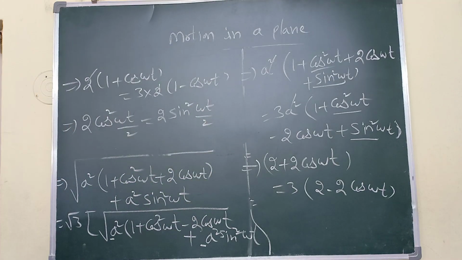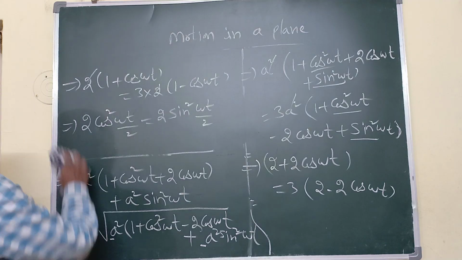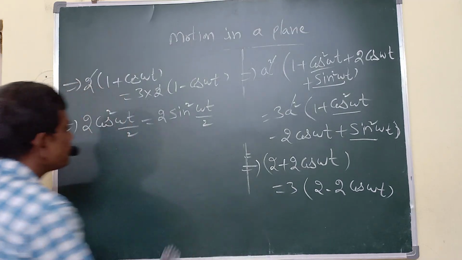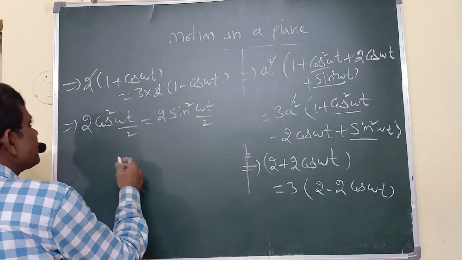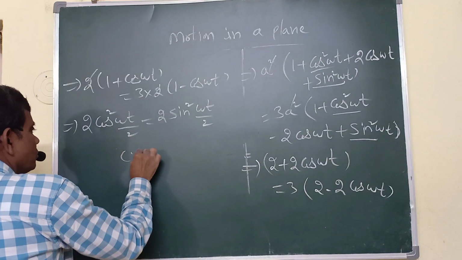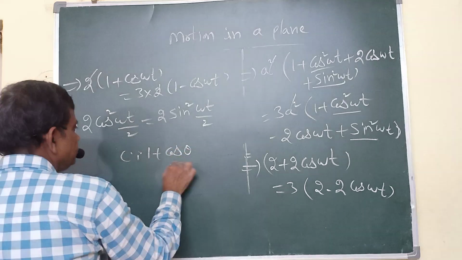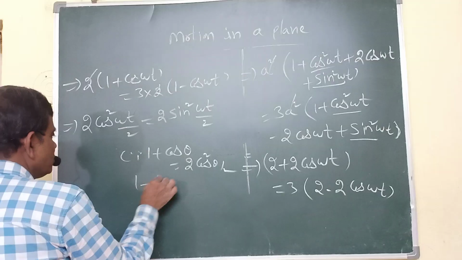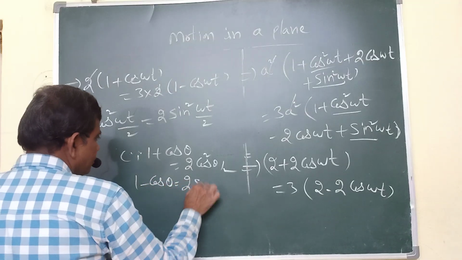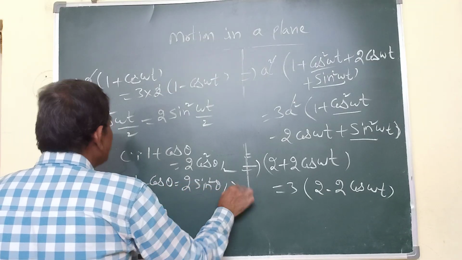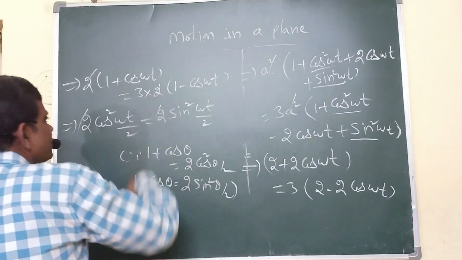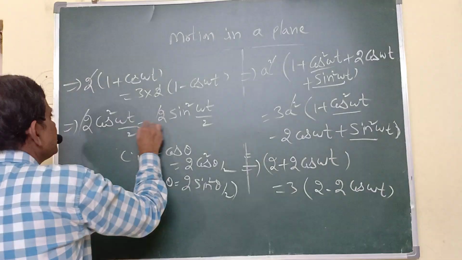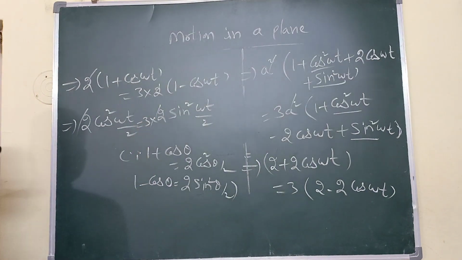These are the formulas. Remember these formulas. Here what are the formulas? 1 plus cos theta equals 2 cos square theta by 2. 1 minus cos theta equals 2 sin square theta by 2. Here 2 cancels. Again here 3 is also there, 3 into 2.